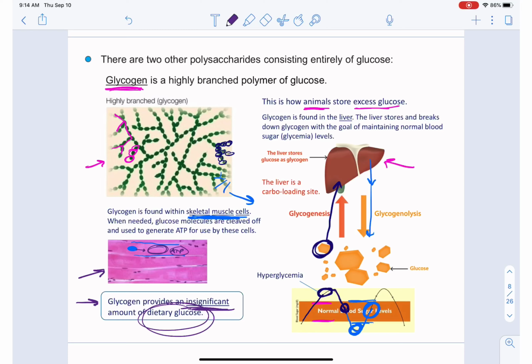You're not getting a significant amount of carbohydrates from the glycogen in the skeletal muscle cells. On that same note, you'd have to eat a lot of chicken liver to get a nutritionally significant amount of carbohydrates from the glycogen in the liver. So it's not a significant source of glucose. Okay, that's where starch comes into play.